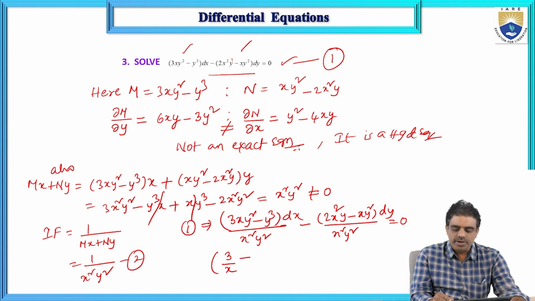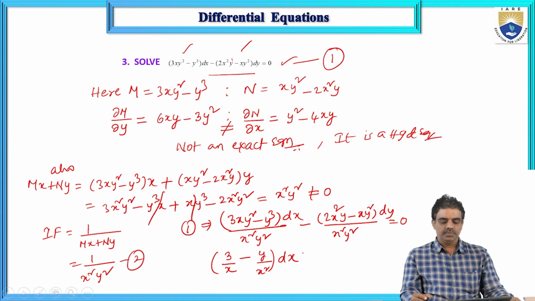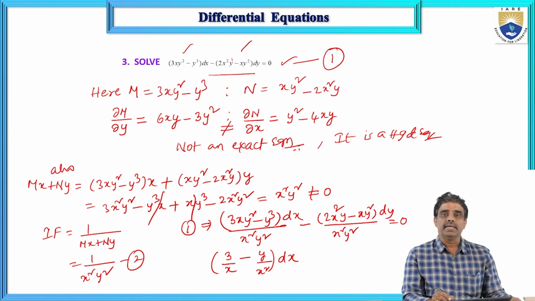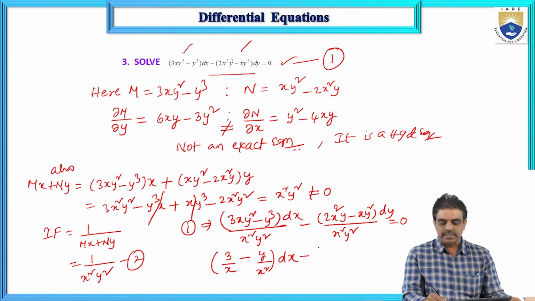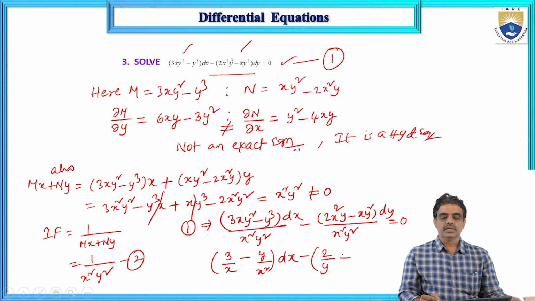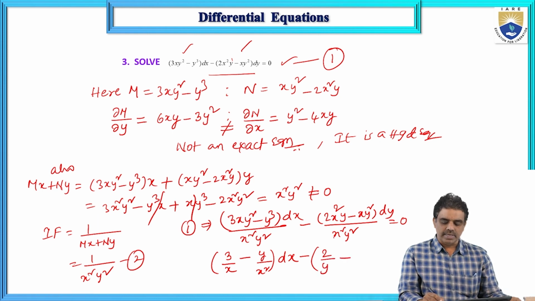Second term: y cube over y square gives y by x square, of dx. For the dy part, the first term 2x square y by x square y square, x square cancels, giving only 2 by y. And the second term xy square by x square y square gives 1 by x, of dy, is equal to 0.